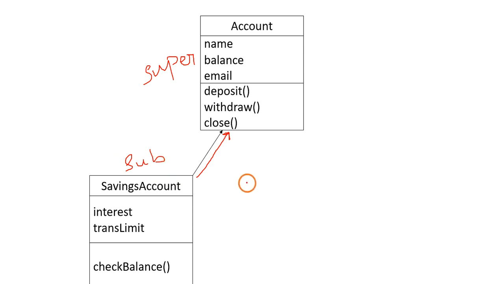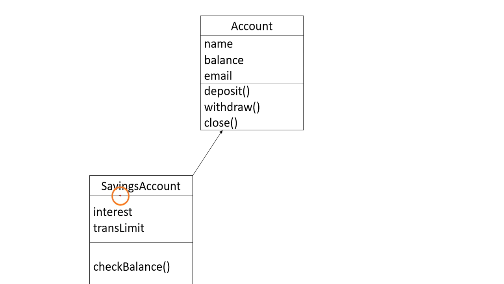It is very easy to understand what is a superclass and what is a subclass from a diagram. Whenever you see this arrow, the arrowhead always points towards the superclass, and on the tail you have the subclass.